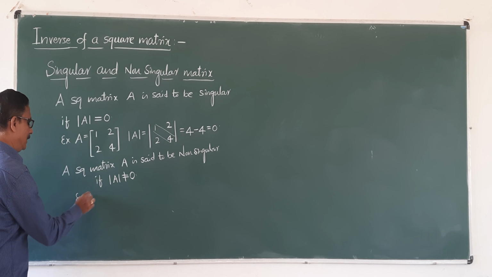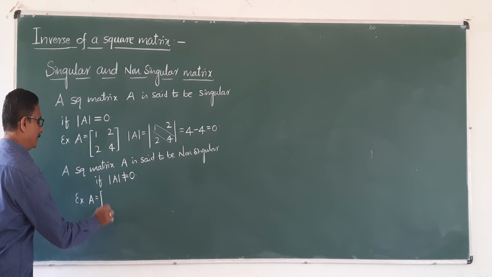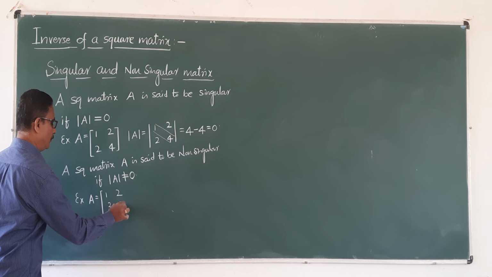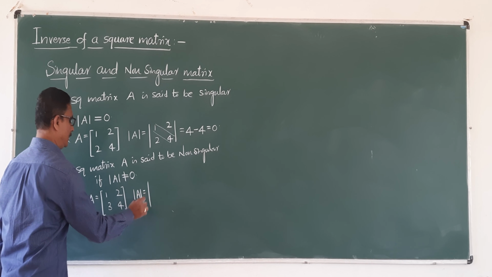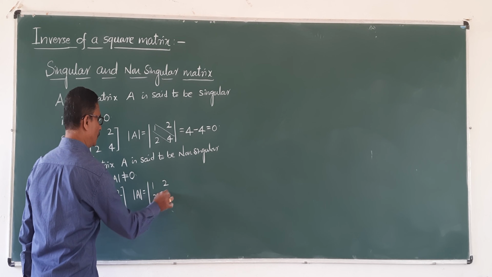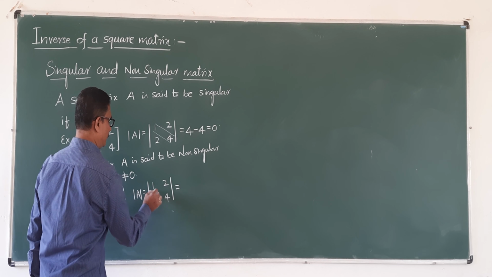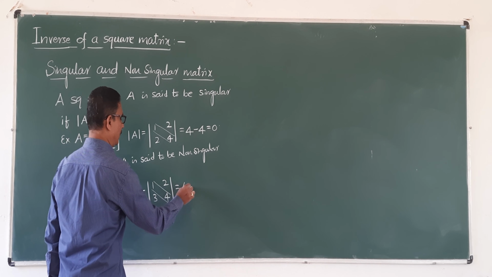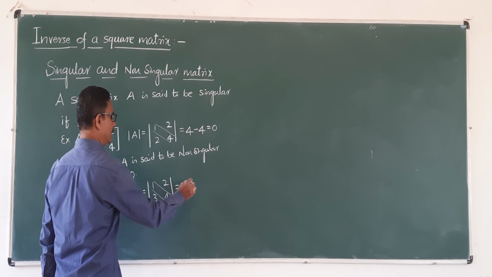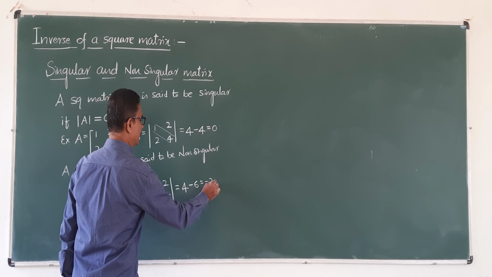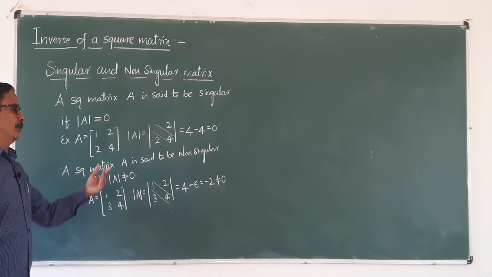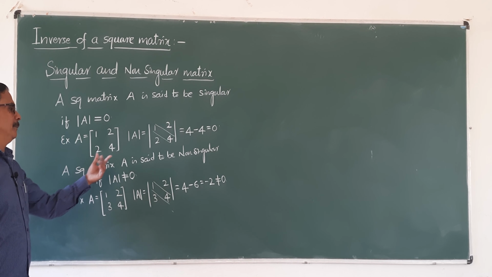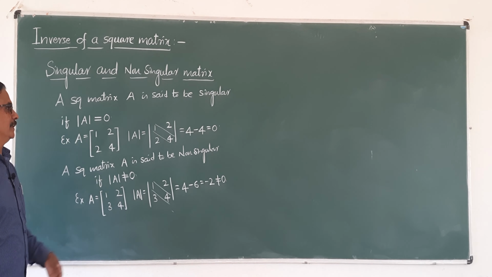Now for example, A is a matrix 1, 2, 3, 4. Then determinant of A is equal to determinant 1, 2, 3, 4. Expand the difference of the cross multiply. 1 into 4, 4 difference. 3 2s are 6. 4 minus 6 is minus 2, which is not equal to 0. So determinant of A is not equal to 0. Then the matrix A is said to be non-singular.